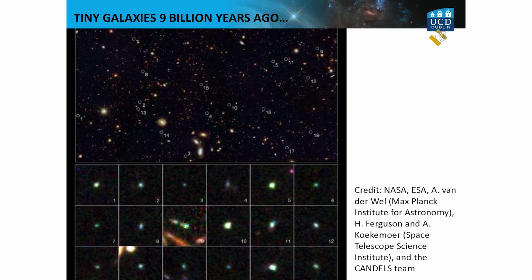Right? This is what the early galaxies in the universe look like. They're these tiny blue dots, and they're blue because of the active star formation. Those massive stars give the galaxies a very blue color, but they're incredibly faint. So they're very numerous at that early stage in the universe, but they're incredibly faint and hard to see.